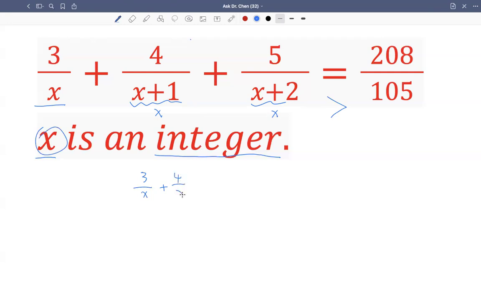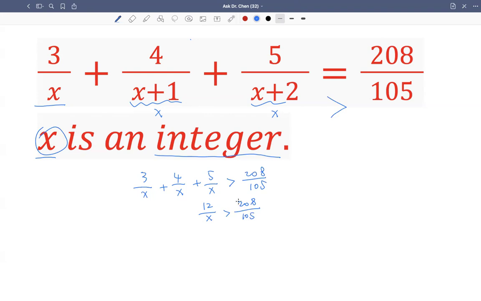So 4 over x plus 5 over x is greater than 208 over 105. Then I have a common denominator of x. So 3 plus 4, 7, plus 5, 12. So 12 over x is greater than 208 divided by 105.